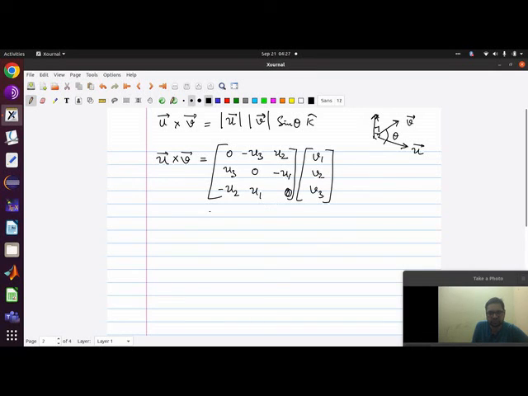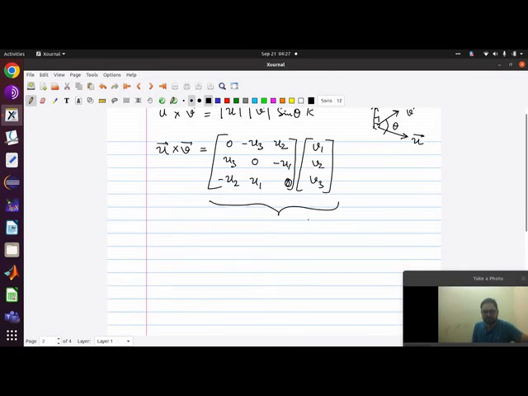This is your cross product matrix representation of the cross product. Okay.